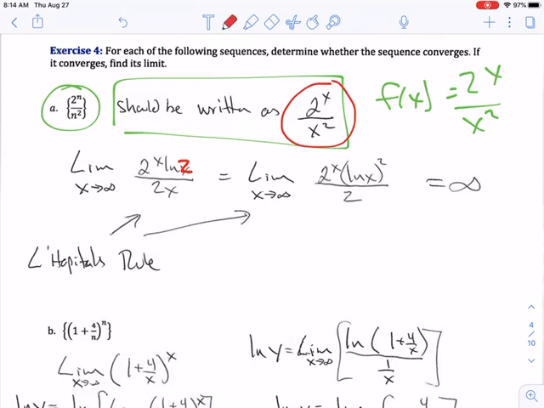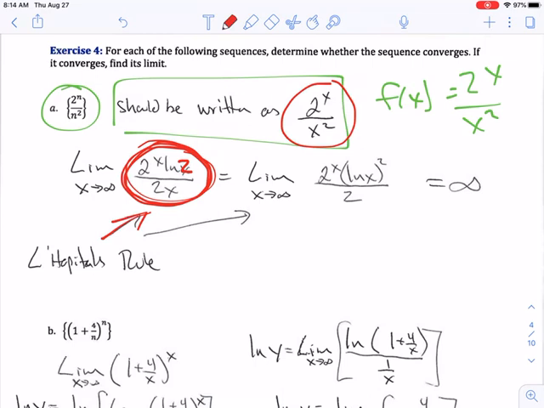So here is the first application of L'Hopital's rule. I could take the derivative, but let's make it even easier. Because we've got x's in the numerator and x's in the denominator here, to figure out if it's converging to something, you have to determine whether the numerator is getting infinitely large faster than the denominator.